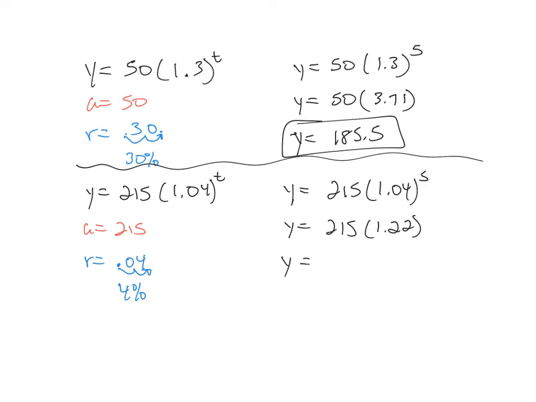So 215 times 1.22 is, oh, I typed that in wrong. 215 times 1.22 is 262.3.